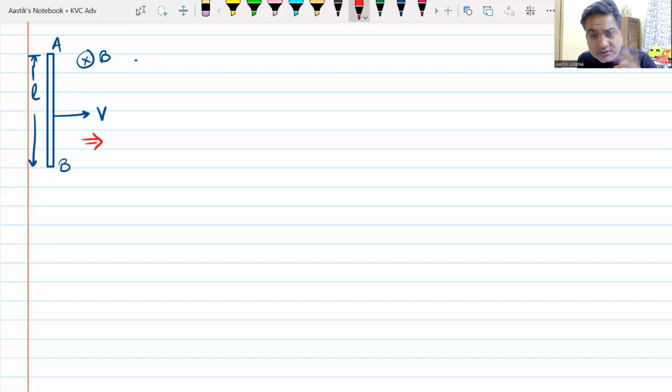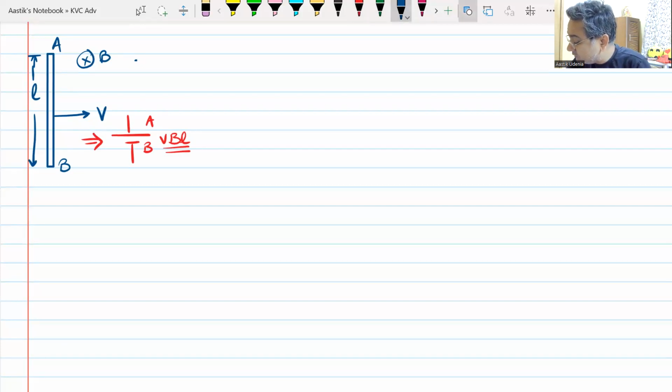A is positive and B is negative. So I can replace this entire rod by this, and the value of the EMF of this battery will be equal to VBL. Do we understand this? Yes, sir. Everyone understands this?